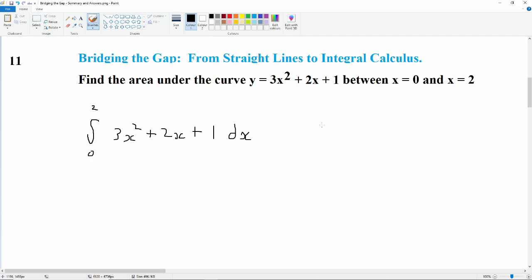Okay, so let's just find the indefinite integral of 3x squared plus 2x plus 1 with respect to x. That's a terrible x, isn't it?